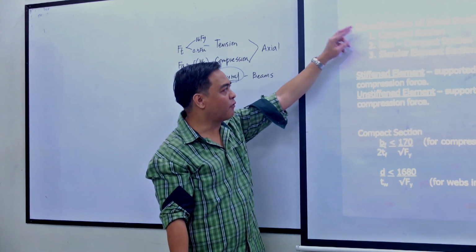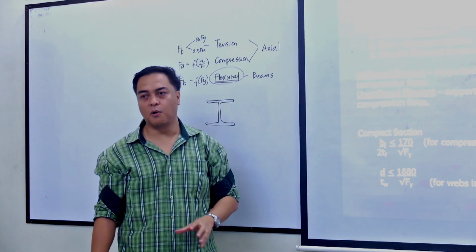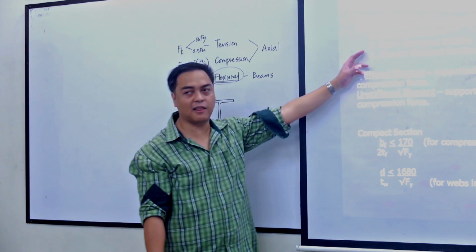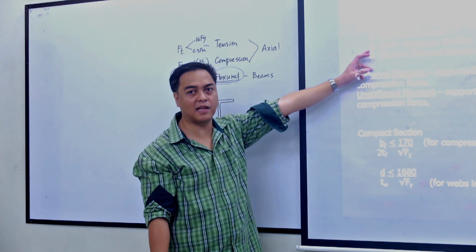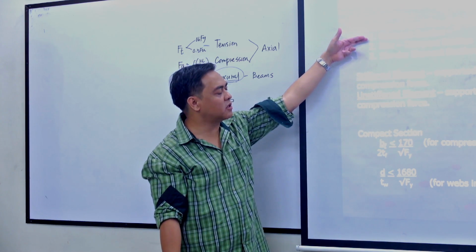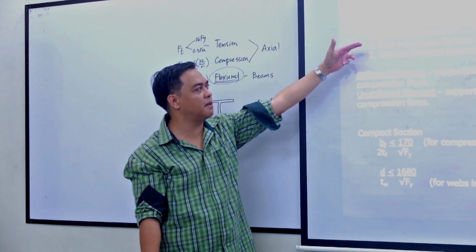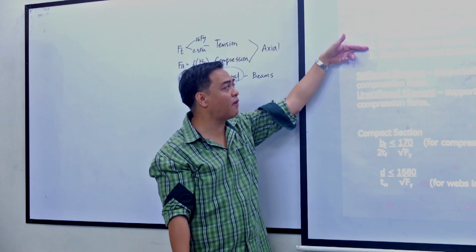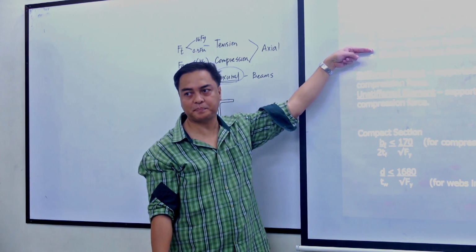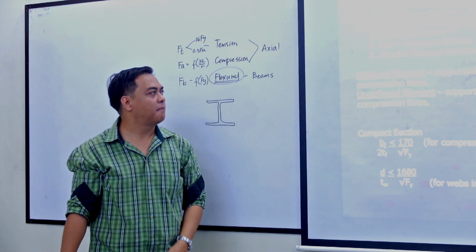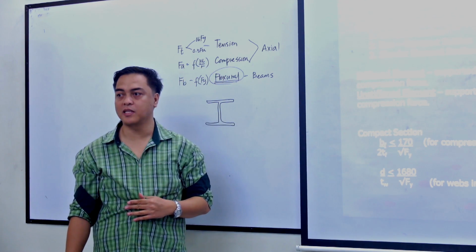Of course, the manufacturers don't want to manufacture sections which are non-compact, for they will have lesser capacity. So again, most of the cross-sections in the steel manual are considered compact sections. Now, where can we find non-compact sections? Non-compact sections may be possible for built-up sections.